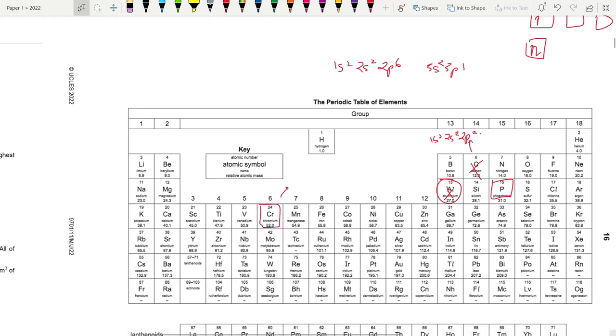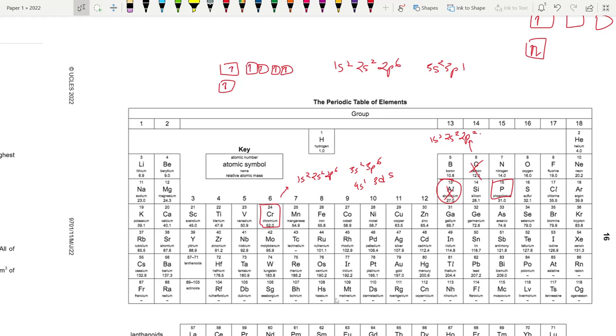Chromium was supposed to be 1s2, 2s2, 2p6, 3s2, 3p6, 4s2, 3d4, but this is an unstable state, right? As a result, it's going to be 4s1, 3d5. So chromium actually has 6 unpaired electrons, 1 in the 4s orbital and 5 in the 3d orbital.